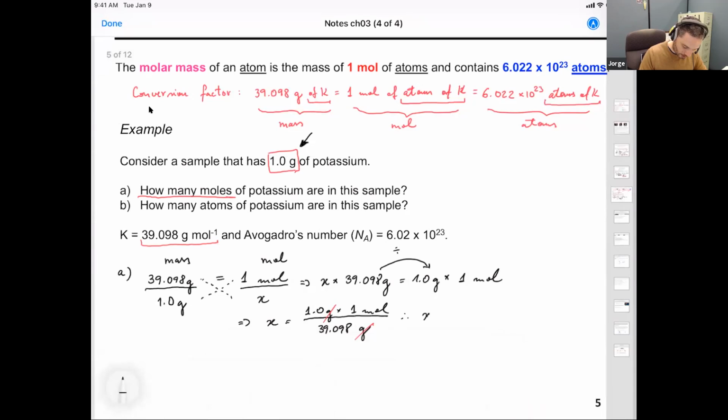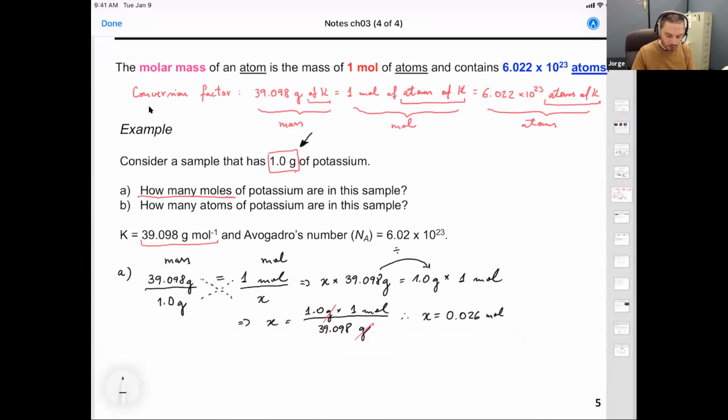Therefore, X is going to be equal to 1 over 39.098. And according to my numbers here, this is 0.026, and the unit is mole.